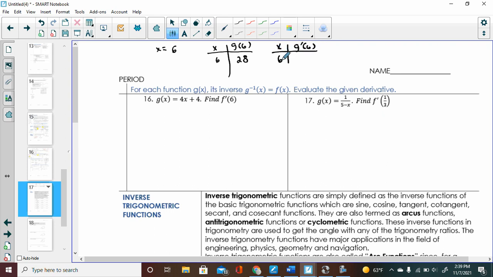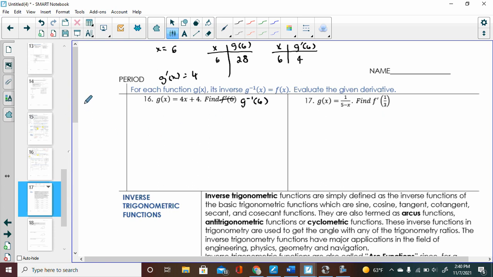Okay, at 6, let's see, the derivative of g of x is going to be 4. So it's just going to be 4 when it's a constant. All right. So this derivative, remember, I'm just going to call this inverse of 6.